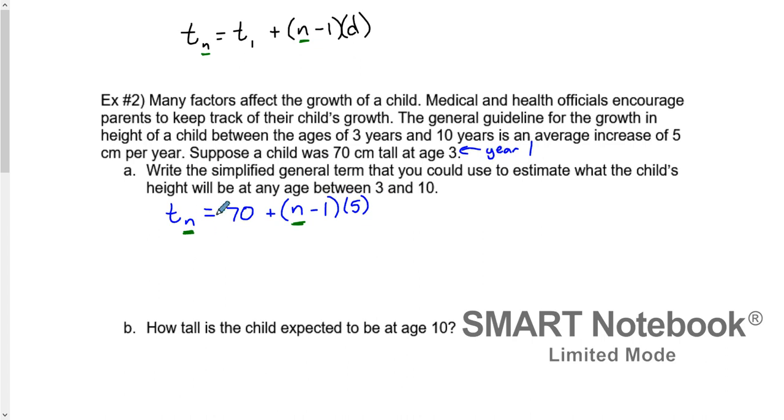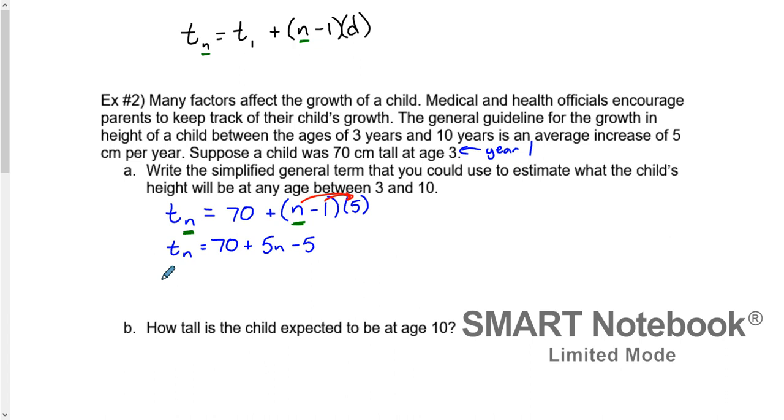We're going to simplify this because we know how to work our grade 8 distribution. Take n times 5 and negative 1 times 5. Tn will be 70 plus n times 5 being 5n. Negative 1 times 5 is negative 5.